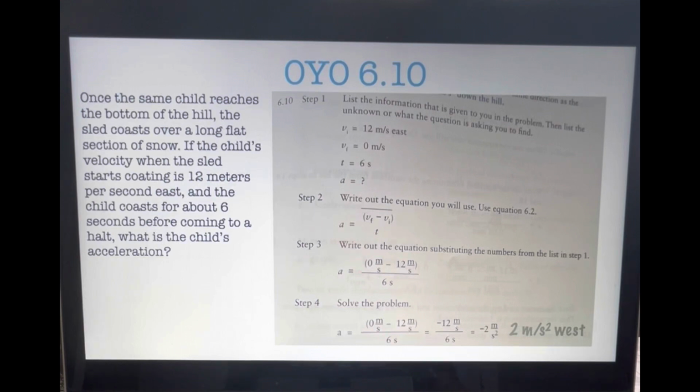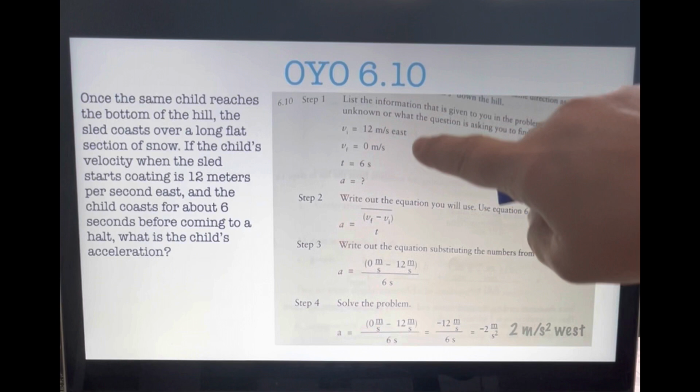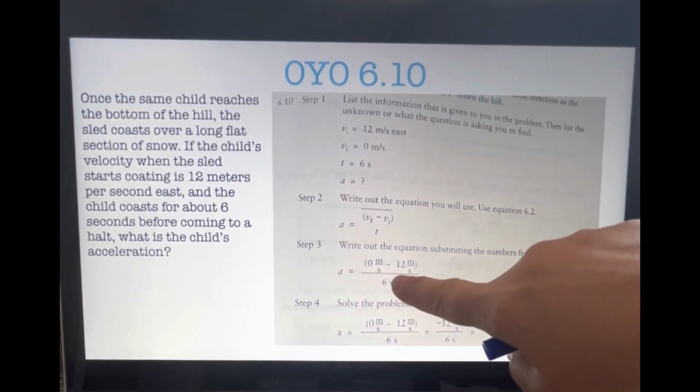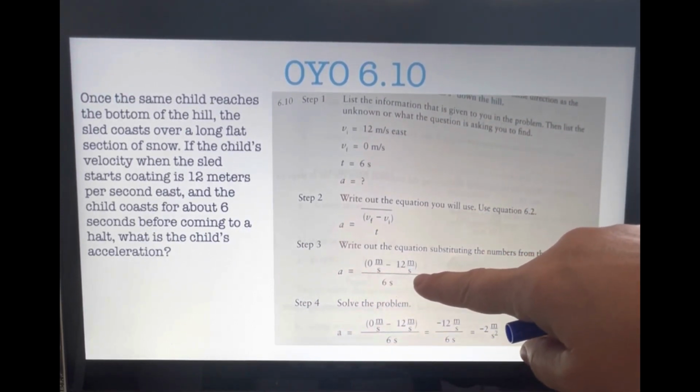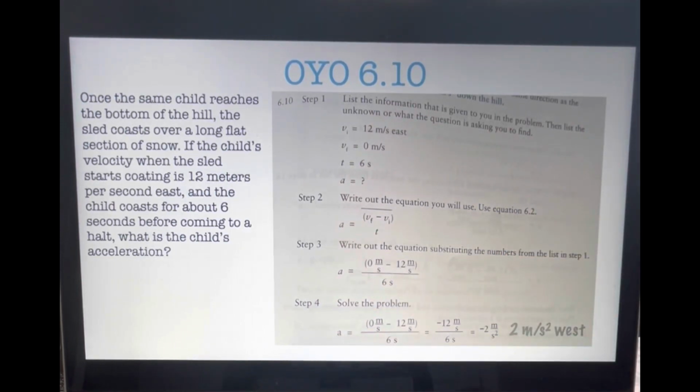We substituted in what we know from step 1, 0 minus 12 meters per second over the time of 6 seconds. That is going to give us a negative sign. So remember what that negative sign tells us. It tells us that the acceleration is in the opposite direction as the velocity.